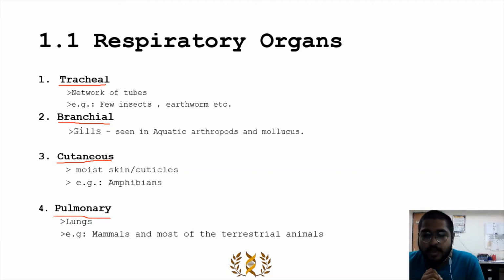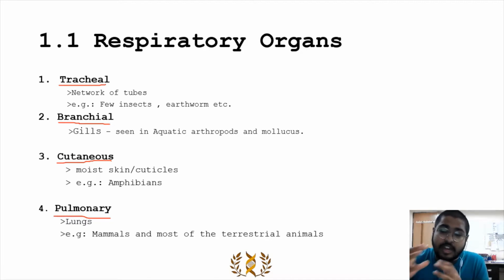The order you are seeing, the first one tracheal, the second branchial, the third cutaneous, and the fourth pulmonary, is in order of their superiority and complexity.